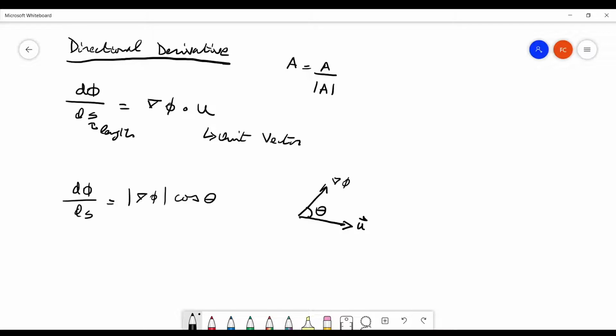Now, what does it actually mean? If we think about our definition of what a gradient is again, gradient phi is partial phi, partial x, i, plus partial phi, partial y, j, plus partial phi, partial z, k.